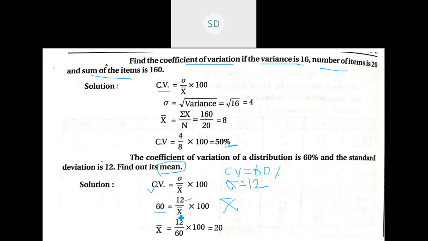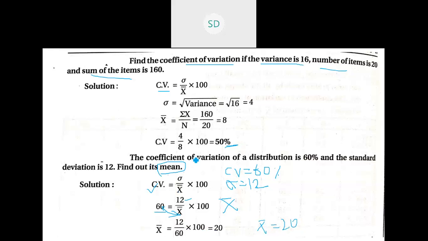Now just interchange their places. So x bar will go to the numerator after the equals sign. Since it is division here, when it goes up, you are just interchanging the place, so 60 will come back here. Now calculate 12 divided by 60 into 100. So your arithmetic mean, that is x bar, is equal to 20.